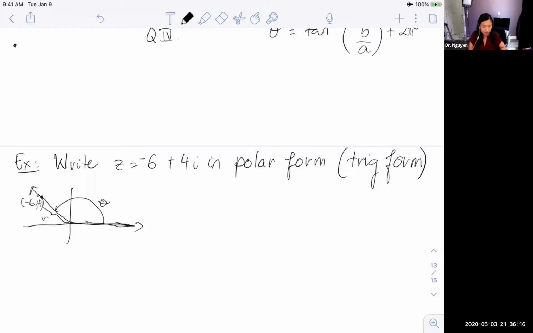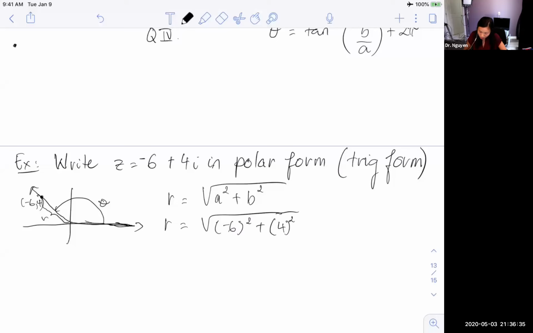All right. So first of all, let's try to solve for r. r is the square root of a squared plus b squared. So a in this case is -6, so I'm just going to take -6 squared plus b squared, where b is 4.